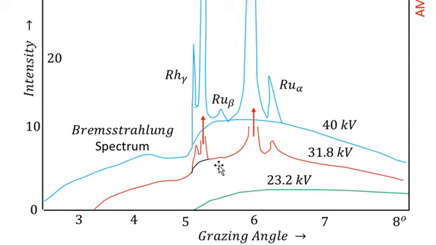Similarly we shall have many peaks corresponding to that one, but a relatively smaller number of peaks in comparison with the spectrum obtained with the energy of electron of the order of 40 kilo electron volt. So 31.8 kilo electron volt energy will have a lower number of peaks, and similarly you can see that in the spectrum corresponding to 23.2 kilo electron volt there are no peaks shown.